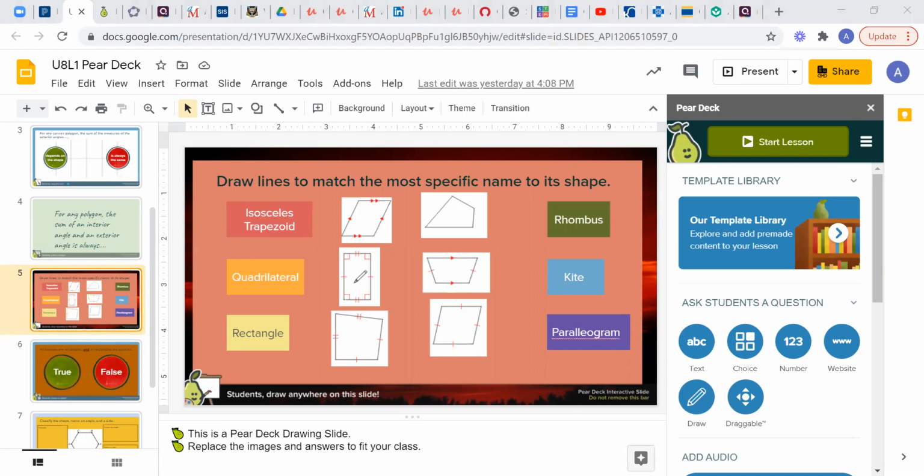I'm going to name them 1, 2, 3, 4, 5, 6. Okay, 2 goes for rectangle. Thank you. Because in a rectangle, opposite sides are congruent, and each angle measures 90 degrees, okay?